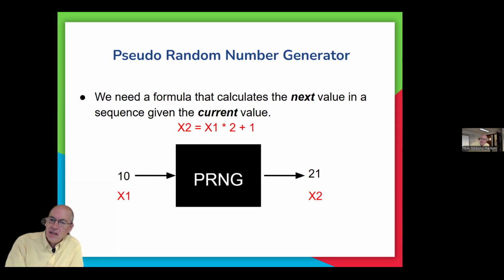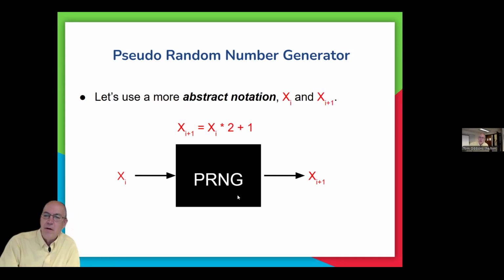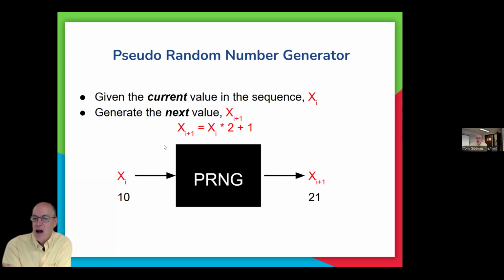We can talk about a notation that we see fairly often in math, where we say x sub i and x sub i plus 1. x sub i is our current number, like 10, and then we calculate x sub i plus 1, the next value in our list. So if we're at the third value, this lets us calculate the fourth value. It's just a commonly used notation.